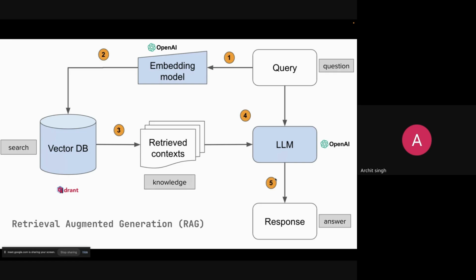We would want Vidura to scan the document for relevant passages and inject those passages into OpenAI's ChatGPT or whatever model you will be using, and ask the LLM to answer only based on the retrieved knowledge that we have taken out from the DB itself. So this is the simple flow of how we have built Vidura.